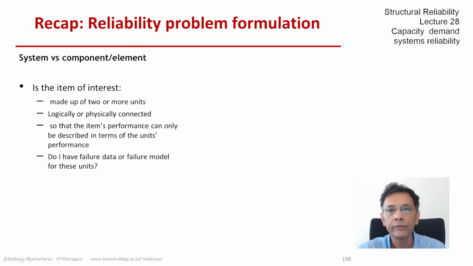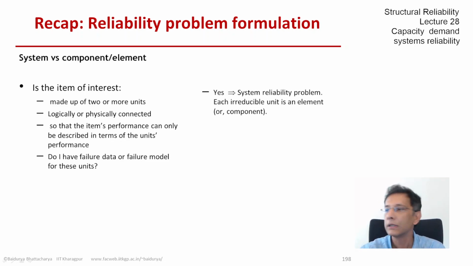But if, on the other hand, I have no choice but to describe the system's performance in terms of its constituent units, then we have a system reliability problem, provided we have data or a model of failure of these constituent units.